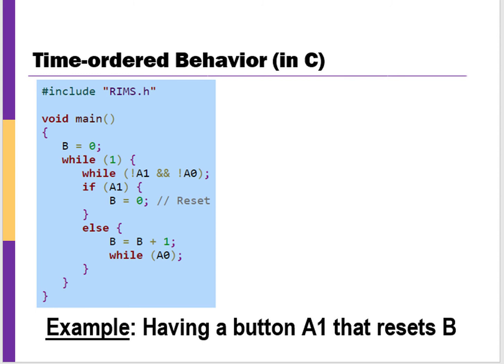As we can see, we have this little bit more complicated logic of what we're waiting for. What we're effectively waiting for is the situation where we have a rising edge of either A0 or A1.